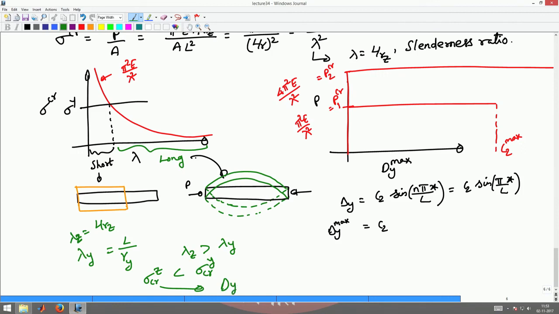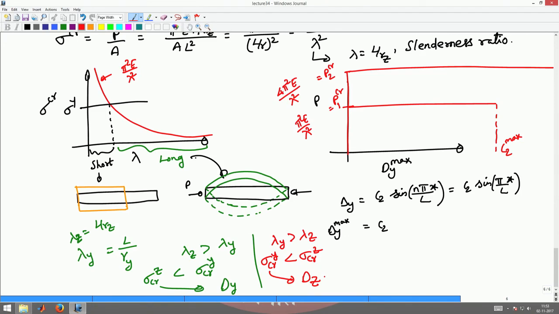If it were the other way around, if lambda y was greater than lambda z, then sigma critical in the y direction would be lesser than sigma critical along the z direction. This implies there will be a delta z deformation, because the axis about which the beam bends is perpendicular to the axis about which it shows the deflection. In all these cases we still assume that the bending equation holds.